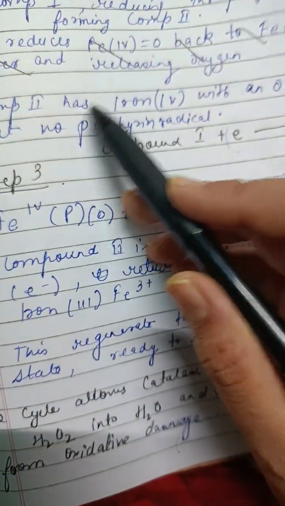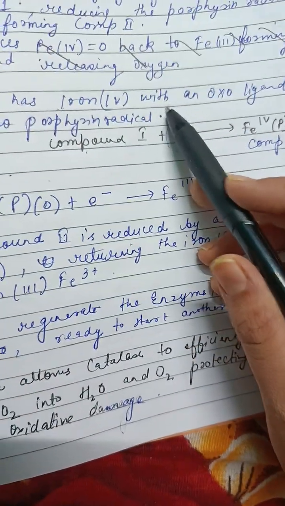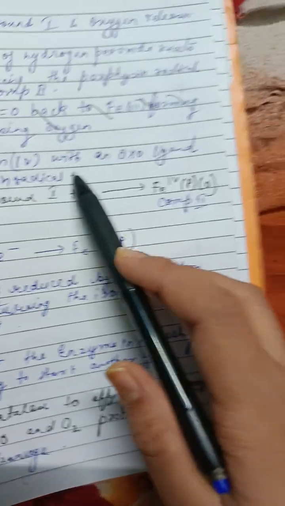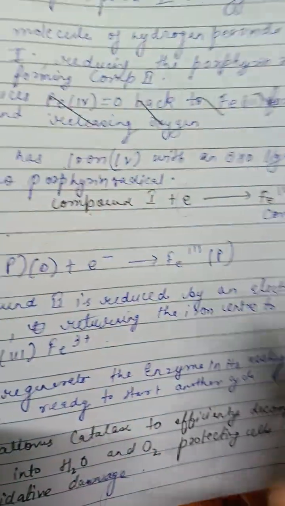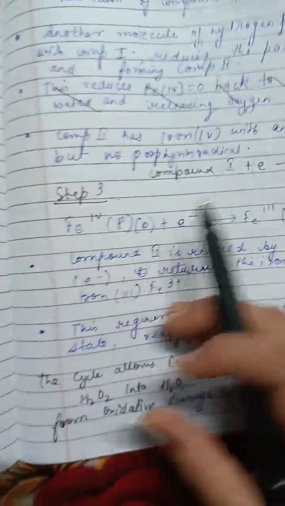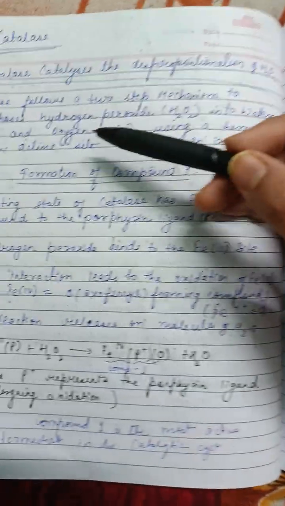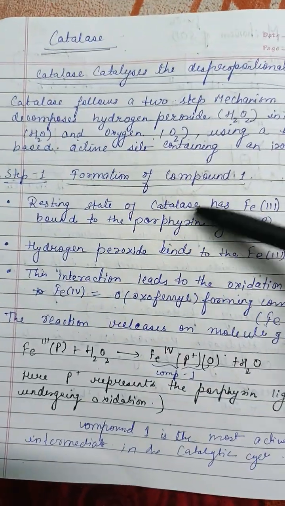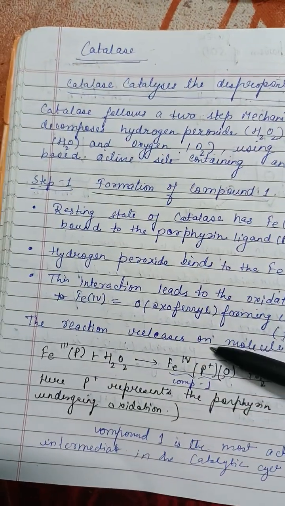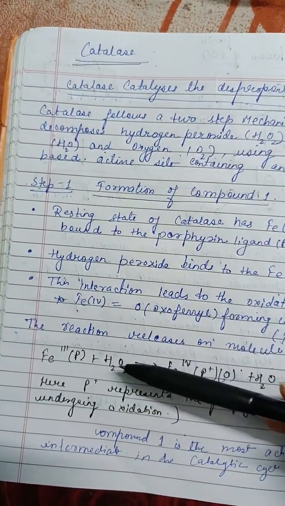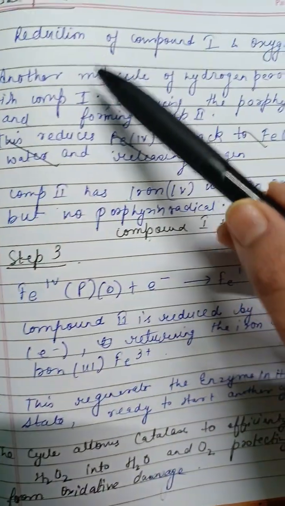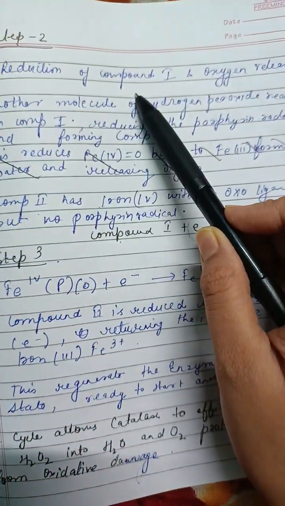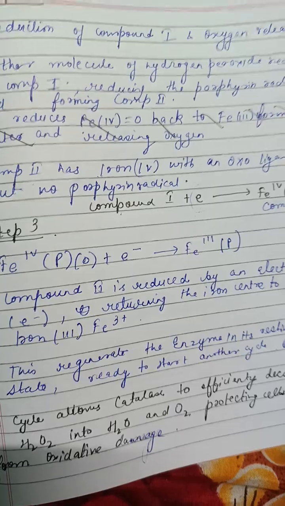Compound 2 has iron 4+, which remains the same, with an oxo ligand but no porphyrin radical, as the porphyrin radical undergoes the reduction process. You have to learn all these things. Step 1 is the formation of compound 1, through oxidation of the iron and porphyrin ring. Step 2 is the reduction of compound 1, and oxygen gets released.